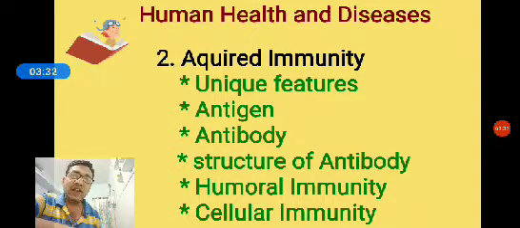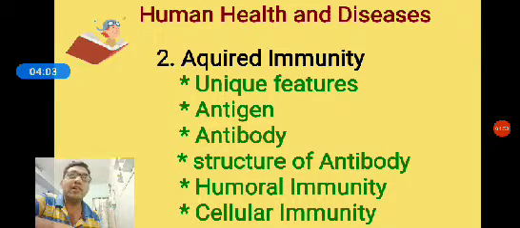The acquired immunity is something the person acquires after birth. The person is able to receive it from others or from other sources, and that is called acquired or adaptive immunity.